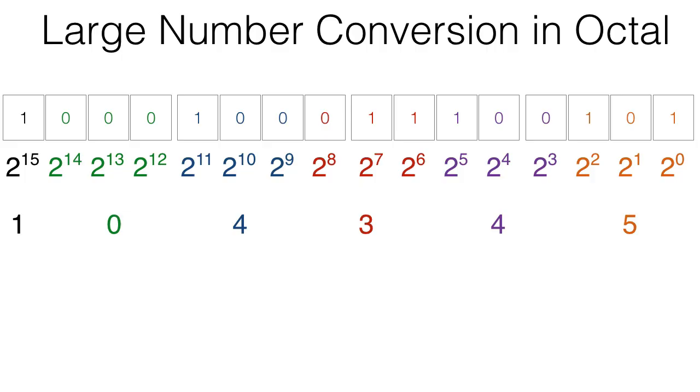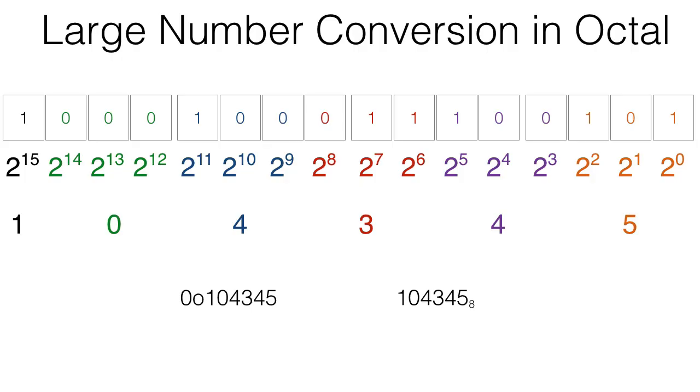And whenever you have 1 bit, instead of the grouping of 3, then it would just be 0, 0, 1. So you just append some zeros there. Okay? So this would be the octal representation. And we would represent it like this. So it'd be 104,345 in base 8.